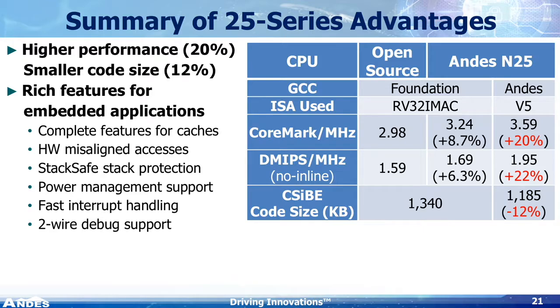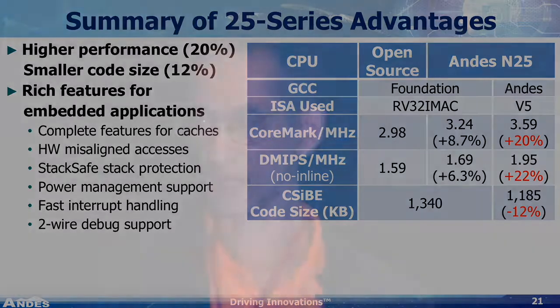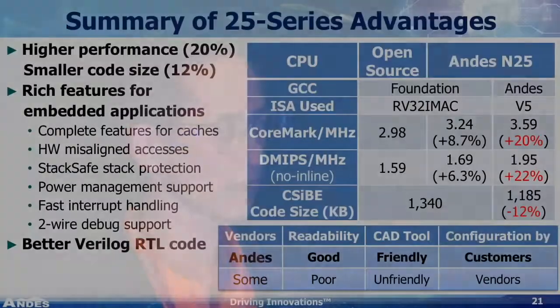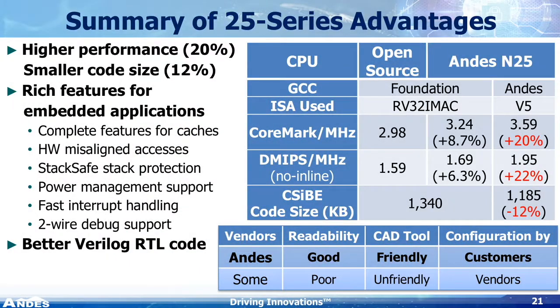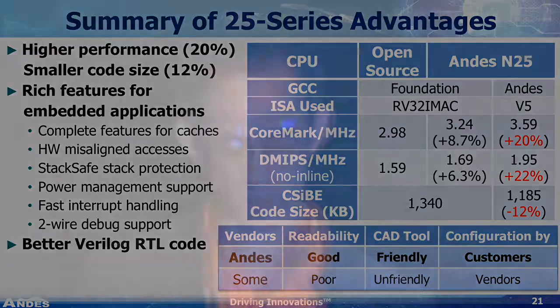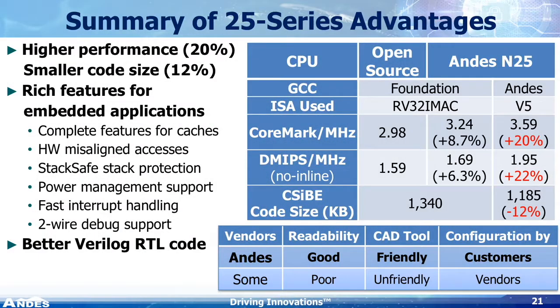But if you use the Andes compiler, which is on the rightmost column with V5, then you can get over 20% faster in CoreMark and DMIPS. And CSiBE is a very popular code size benchmark, including audio library, JPEG library, compression library, and so on. So using the Foundation compiler for OS, it generates 1.3 megabytes of code, but using the Andes V5 compiler with Andes instructions, you get 12% smaller code size.